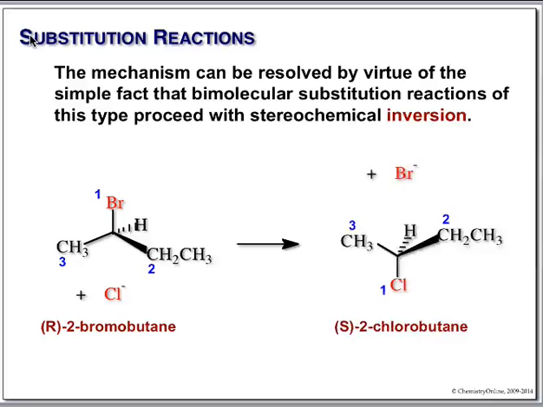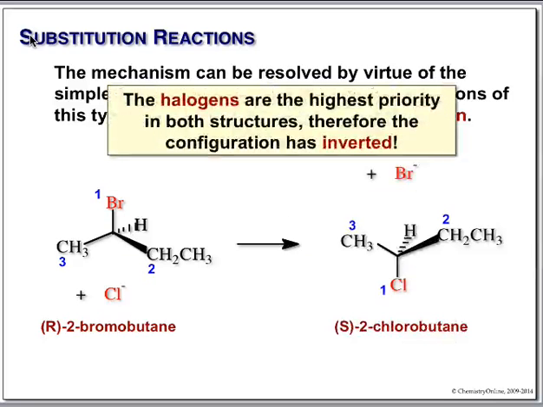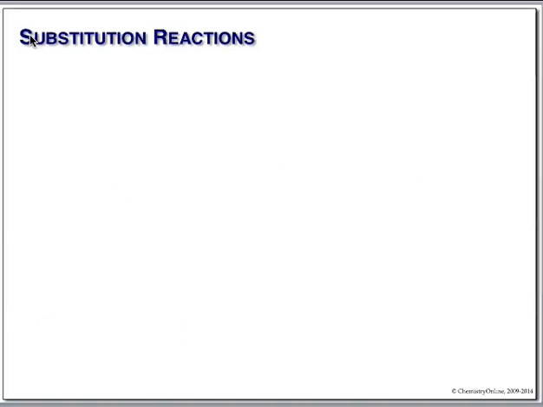So what we have done here is to invert the stereochemistry at this carbon. Remember, the highest priority group here, in both cases, is the halogen. And that means that this has been inverted as the reaction proceeded.